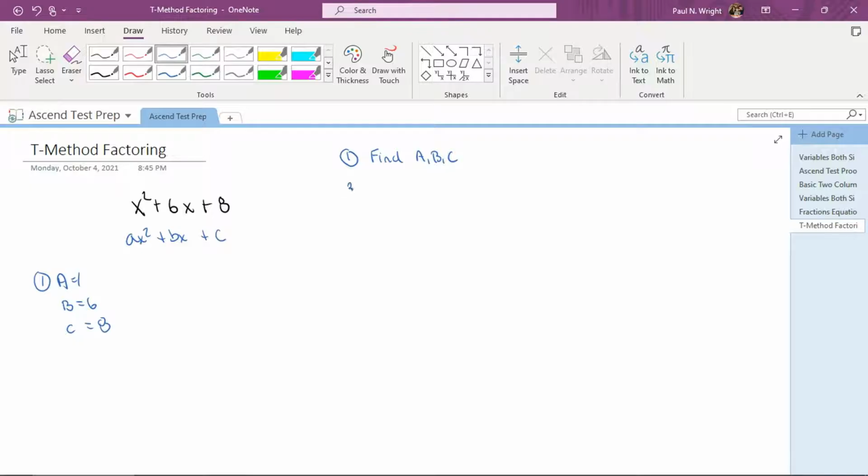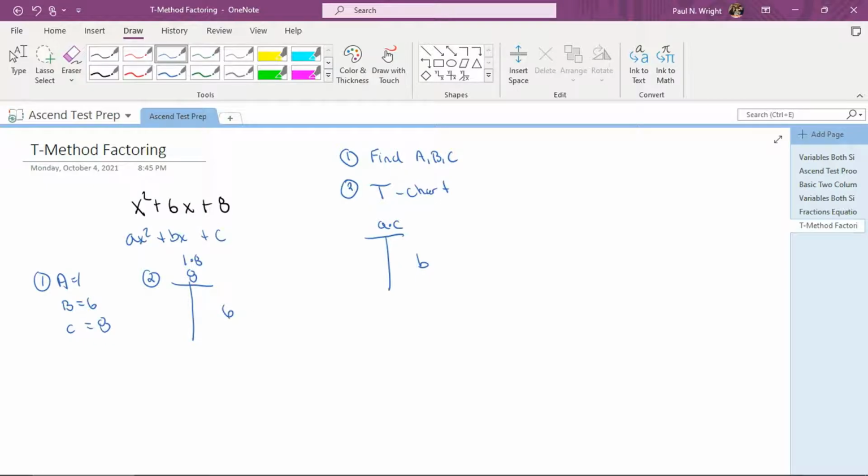The second thing I am going to do is this is key. You are going to make a t-chart. And on this t-chart, you are going to put A times C on top and B over here. And so if you look, step 2, I'm going to make my t-chart and put 1 times 8, which is 8, and 6 over here.